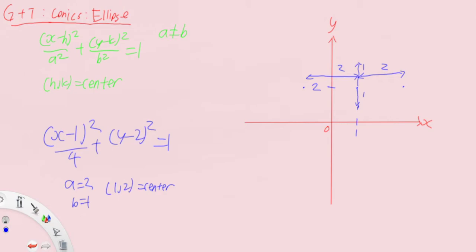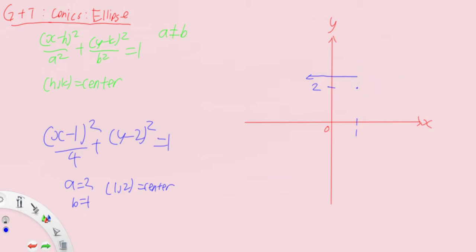It really depends on the context of the question. In this case, the major axis is 2 and affects the x value, so it's the left and rightmost points, whereas the minor axis is the smaller one, b equals 1, and it gives the uppermost and lowermost points.